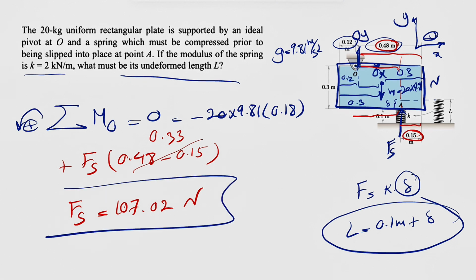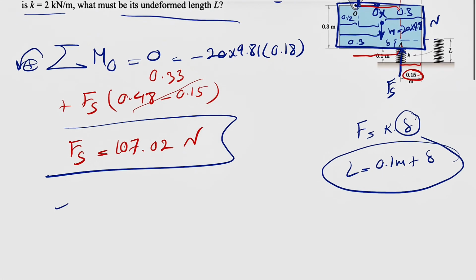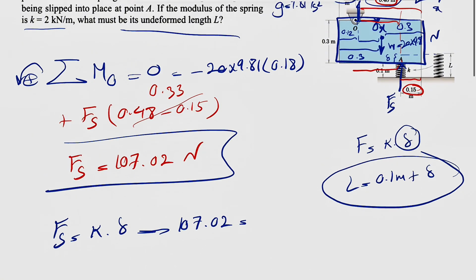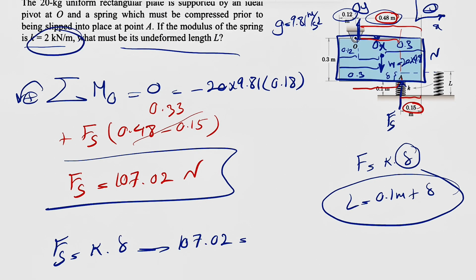And now that we have Fs, we're going to use our formula for the spring, k times the displacement. So we're going to have 107.02 is equal to our k is 2 kilonewton per meter. So basically 2000 Newton per meter, because we have Newton on the left side.